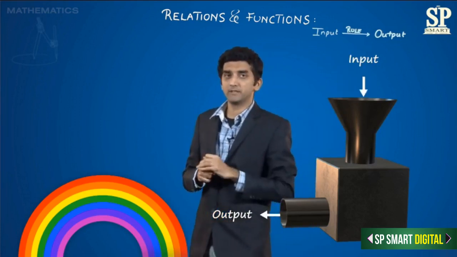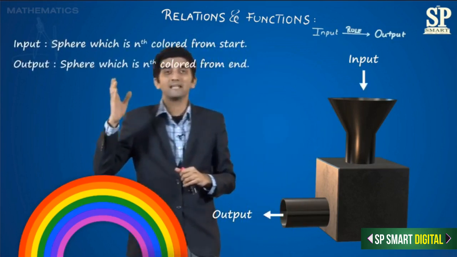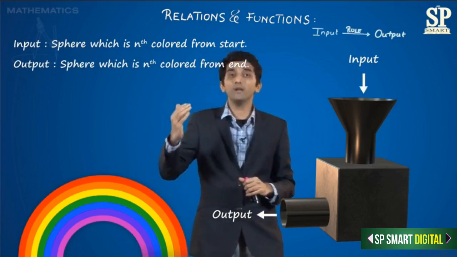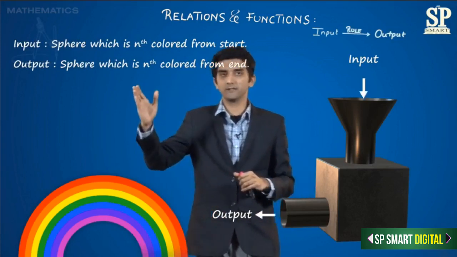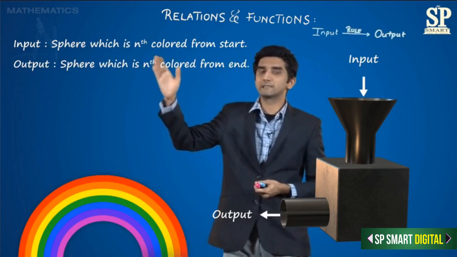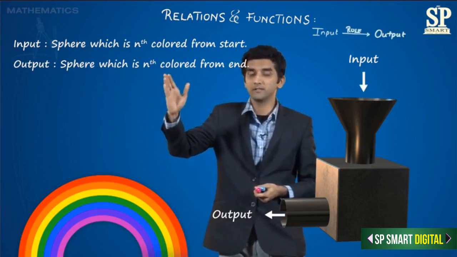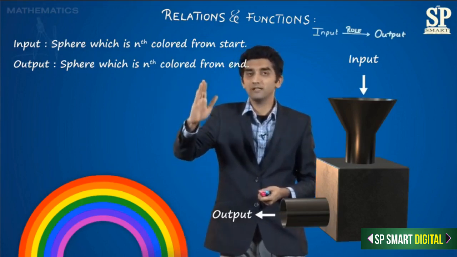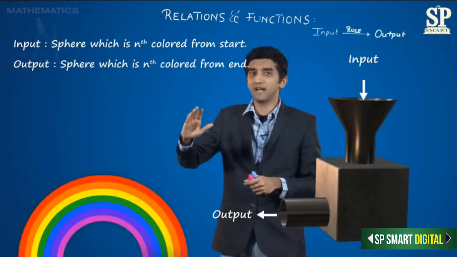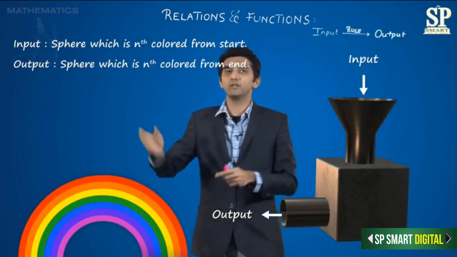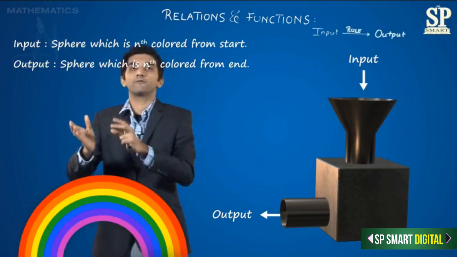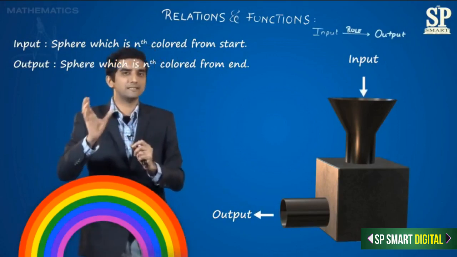The machine is going to process that input and give you an output in this particular fashion. For every nth colored sphere from the start, the machine is going to give you an output which will give you the sphere which is nth from the end. So this is how the rule is.